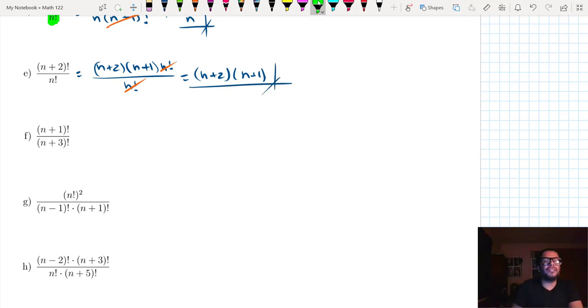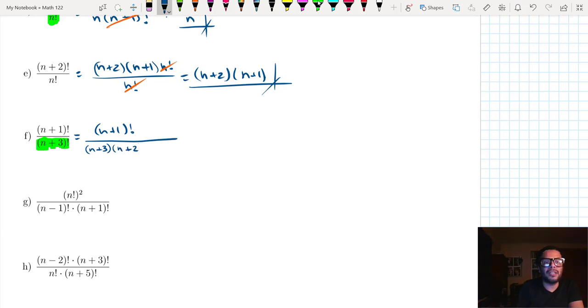Letter F, identify the largest factorial. Correct. The one in the denominator. N plus 3 is larger than n plus 1 indeed. Okay, so let's take a couple steps to simplify this one. So n plus 1 factorial, leave it like this. The denominator, expand a few factors. N plus 3 times n plus 2.